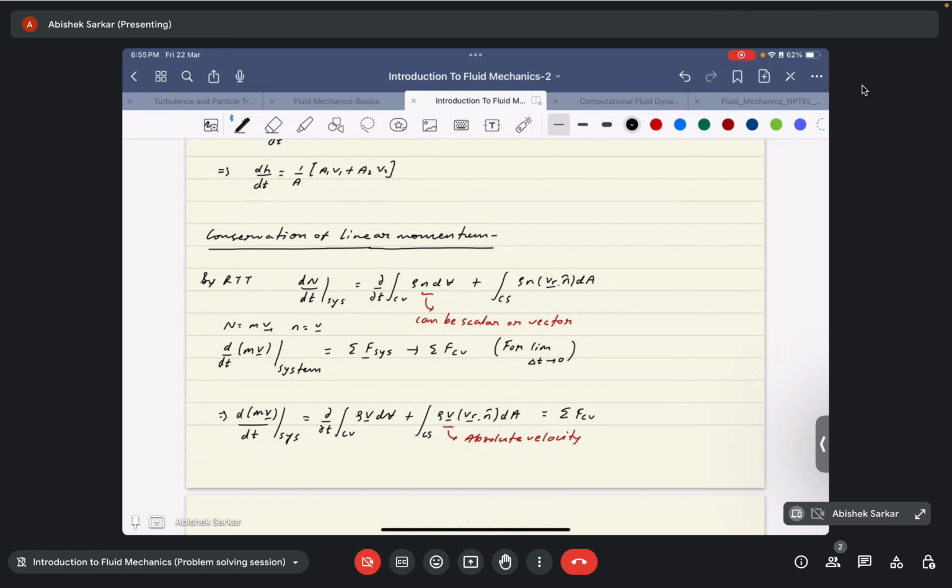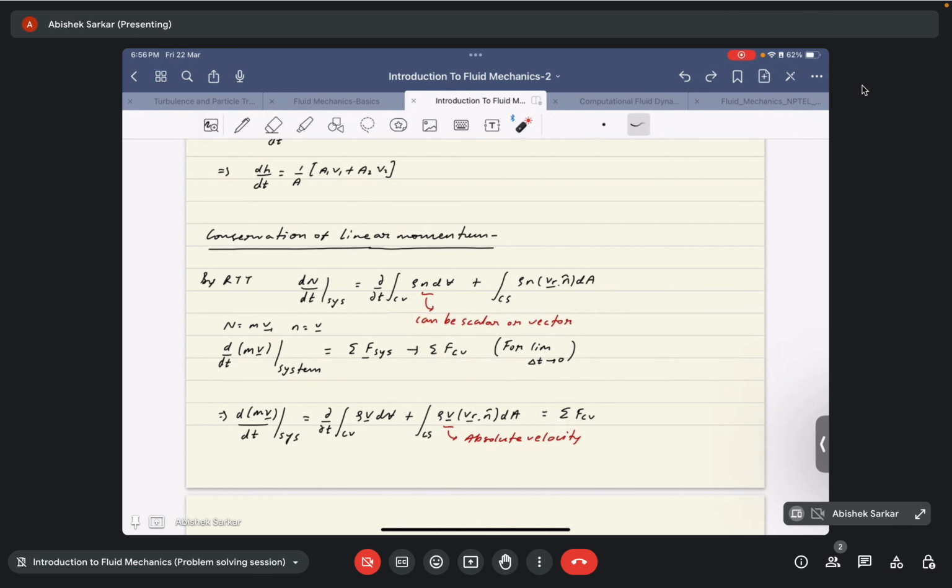Okay, so once you do that, just substitute capital N is equal to mv and small n is equal to v in this canonical form of the Reynolds transport theorem to get that d(mv)/dt of the control system is equal to ∂/∂t of the volume integral of rho v over the control volume plus the surface integral of rho v (vr dot n cap) over the control surface, that will be equal to the net force that acts on the control volume.